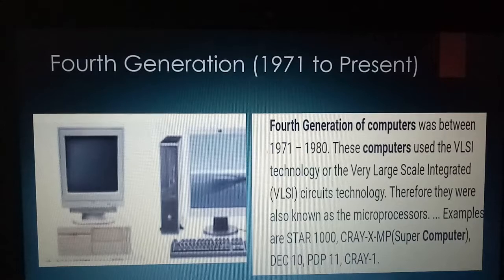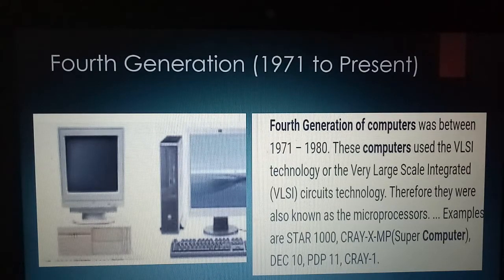This is a circuit technology. Therefore, they were also used as microprocessors. So a number of ICs, suppose 10, 20, 50 ICs, were pulled up into one single piece of integrated circuit, which is known as VLSI. They were known as microprocessors.